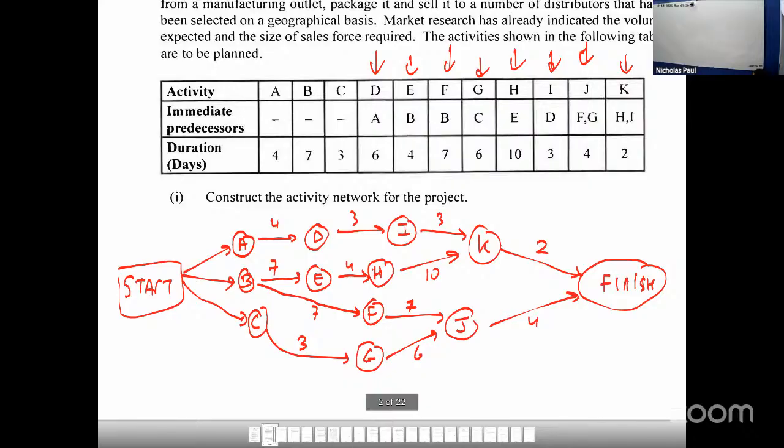Oh, yeah, so how long? E to H. Oh, because E took 4 days, and H is dependent on E.